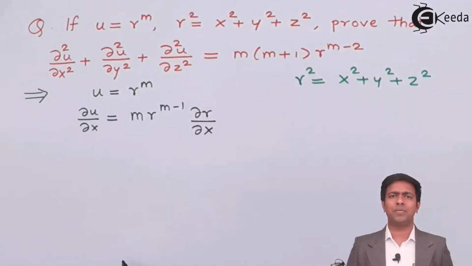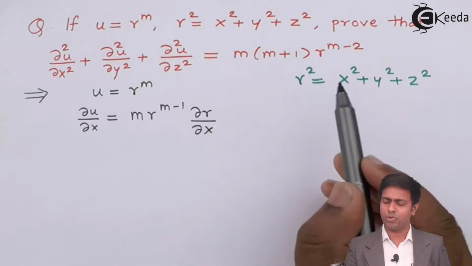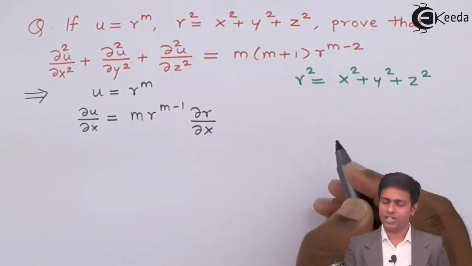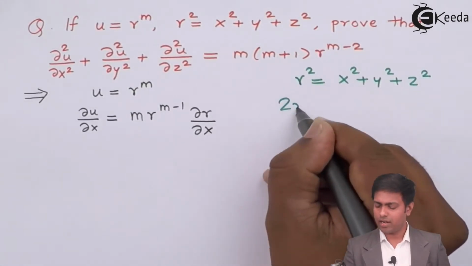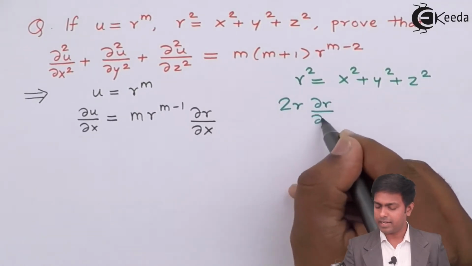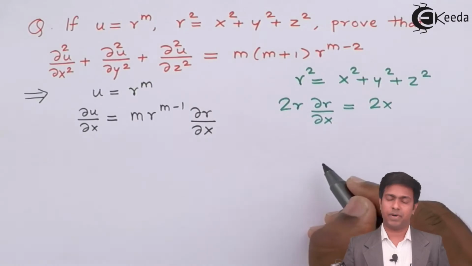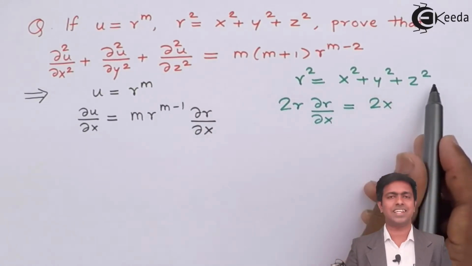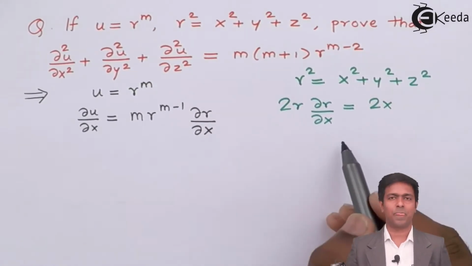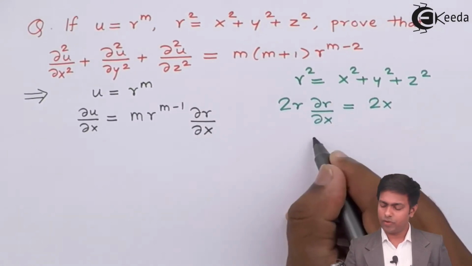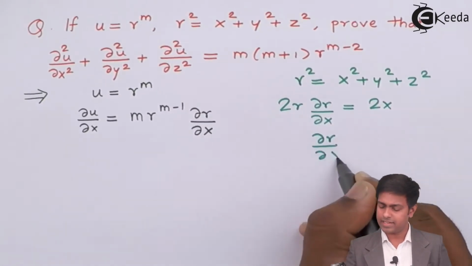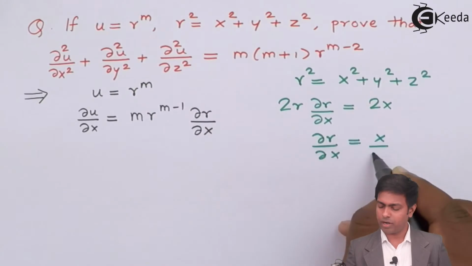Now guys, to get del r by del x, we need to differentiate both sides with respect to x partially. So here we will get 2r del r by del x, and here we will get 2x, and the partial differentiation of y square and z square with respect to x is 0. So I can cancel 2 and 2. So we'll get the value of del r by del x as x upon r.